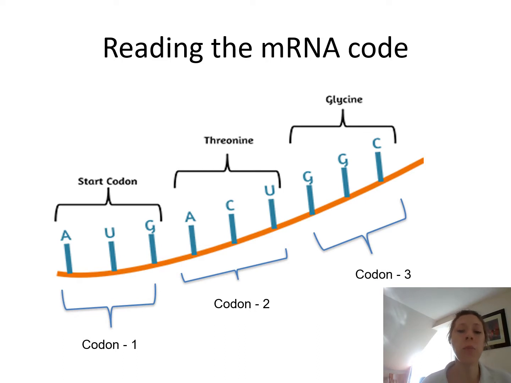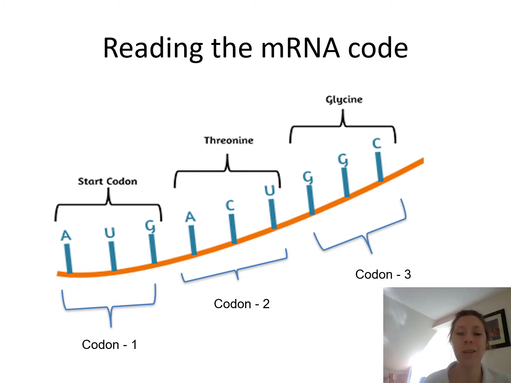So here's an example of just a small piece of a messenger RNA code. And here's how we're reading it. Again, three letters is a codon. This first one, AUG, is the start codon. There's only one start. So when we're creating the protein, we don't start until we get to the start codon.